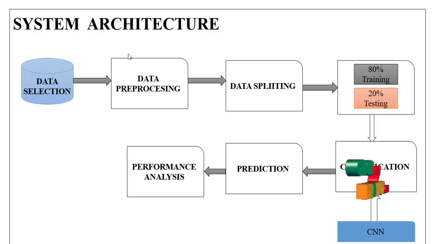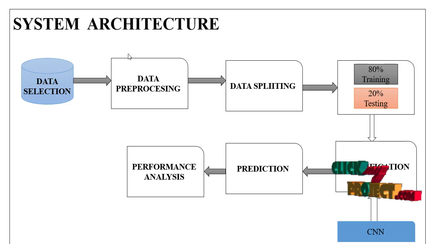This is the system architecture. The first module is the data selection. Here we use the image data set. So first we select the data and pre-process the data by using label encoding.